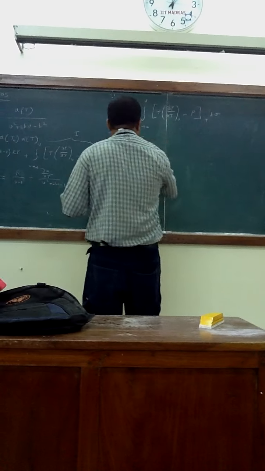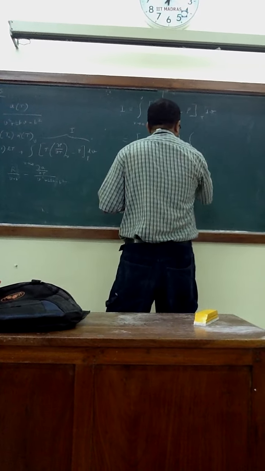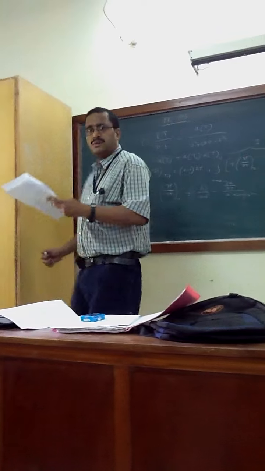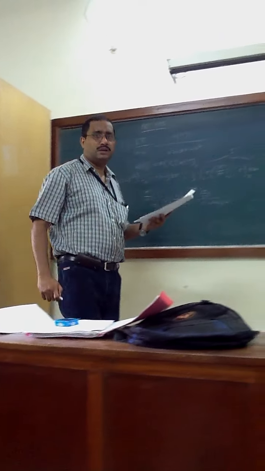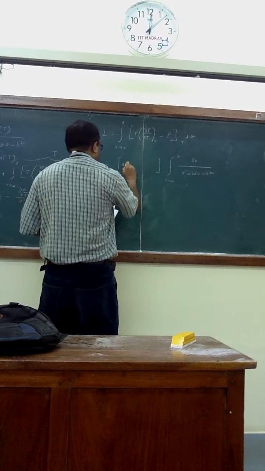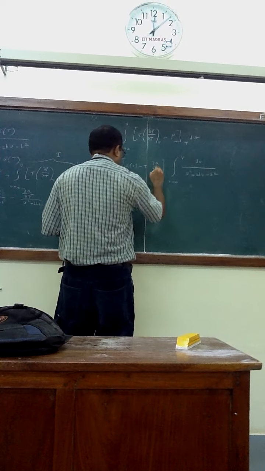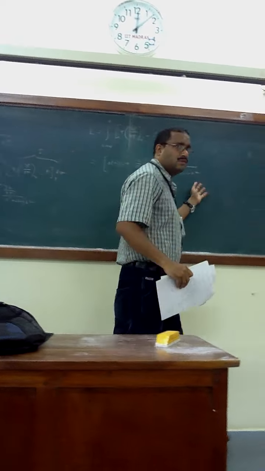You will get some integral here, V tending to infinity to V, and then dV by V square plus 2BV minus B square. What is that term? A(T) minus T dou A by dou T. Next step, partial fraction. There will be two terms coming up here, right?